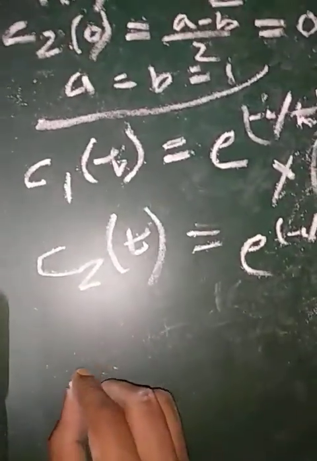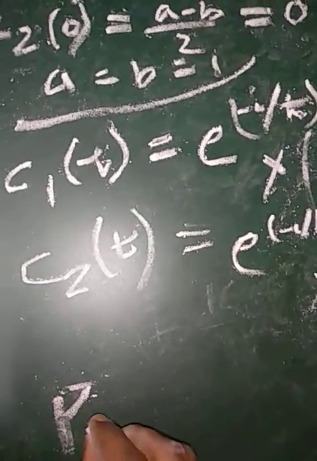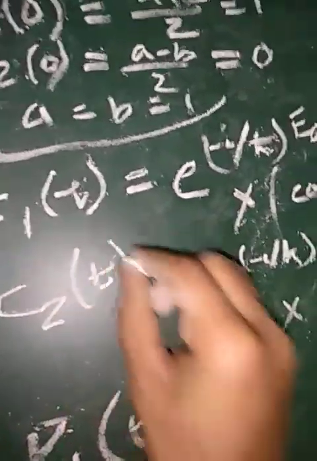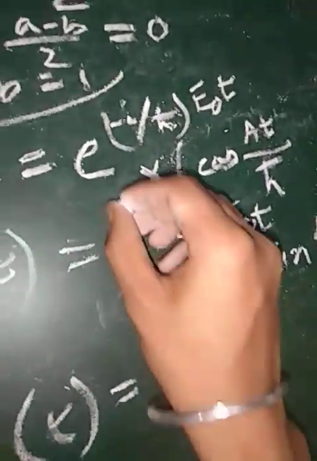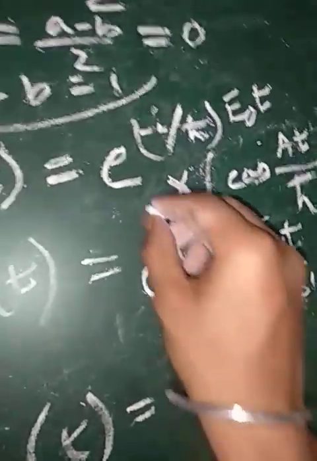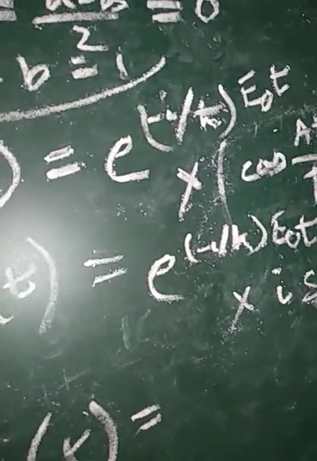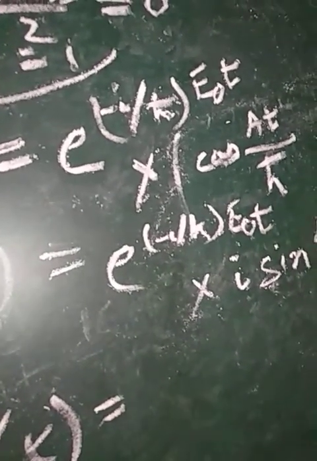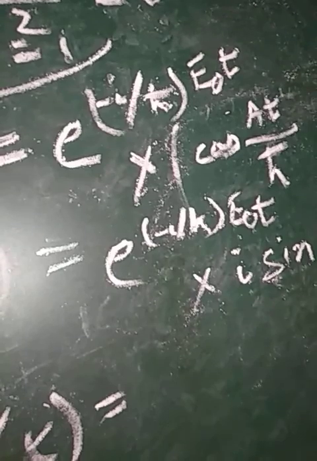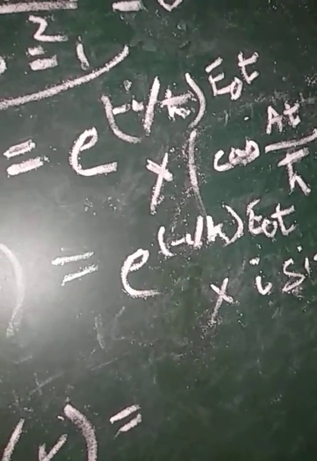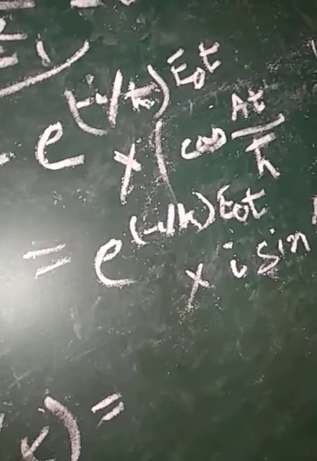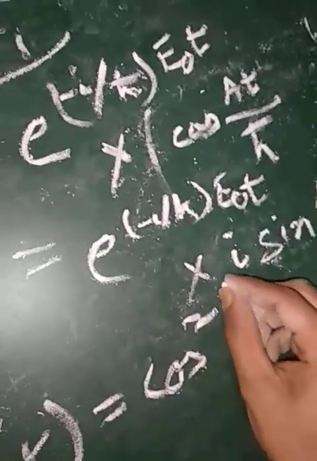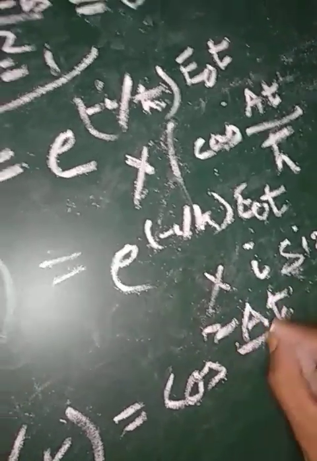C1 squared gives you the probability of finding it in state 1, given by the magnitude of C1 squared. As the exponential with i has amplitude equal to 1, this will become cos squared At by h cut.